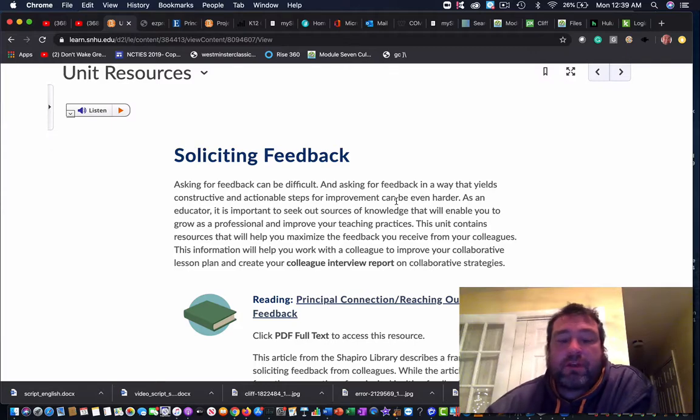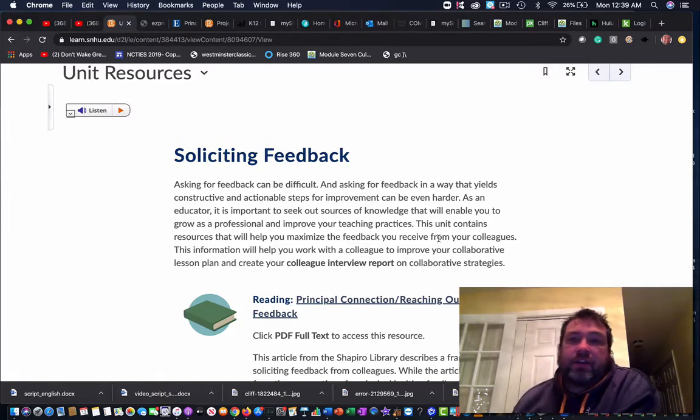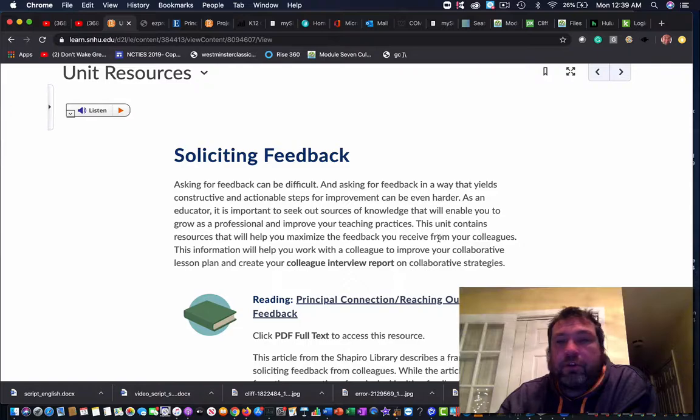What also might be good is if you share your lesson plan along with the questions with your colleague first and give them a certain amount of time to review those materials and the questions before you sit down and actually go through the questions and put together the feedback. So that's just some advice on how to tackle part 2 of project 2.